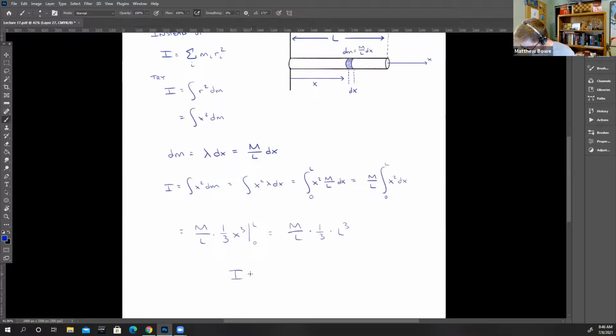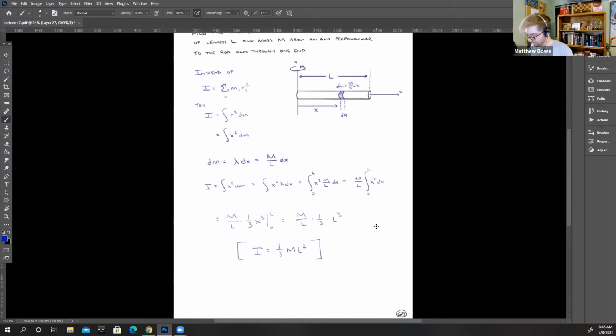Ultimately, we've figured out that the moment of inertia of a thin uniform rod of length L, mass M, is 1/3 mass times length squared. We're confident with this value because we're including all of the individual small segments as we add to it as we move all the way down this total length, L.